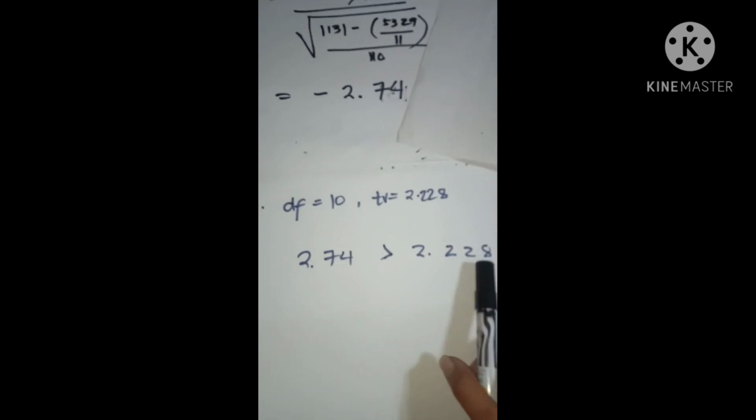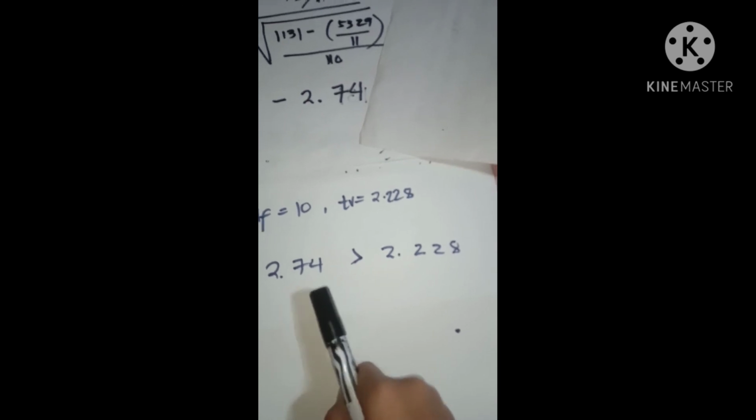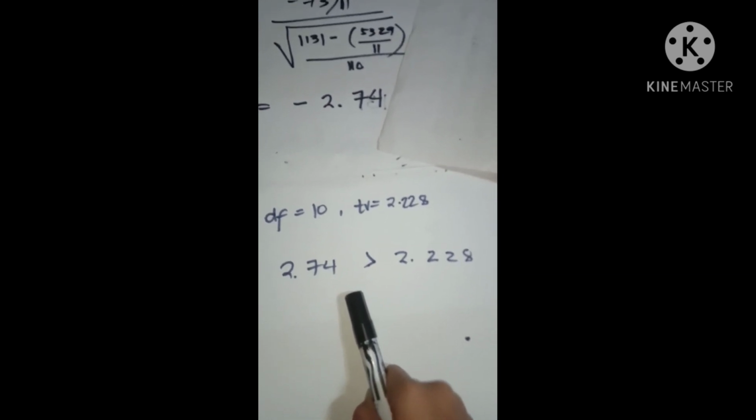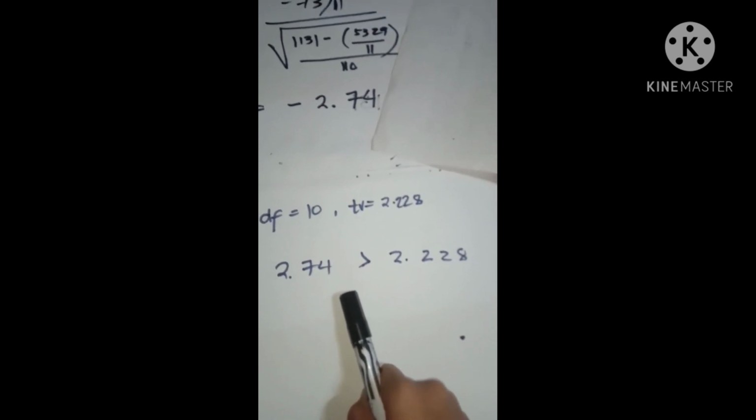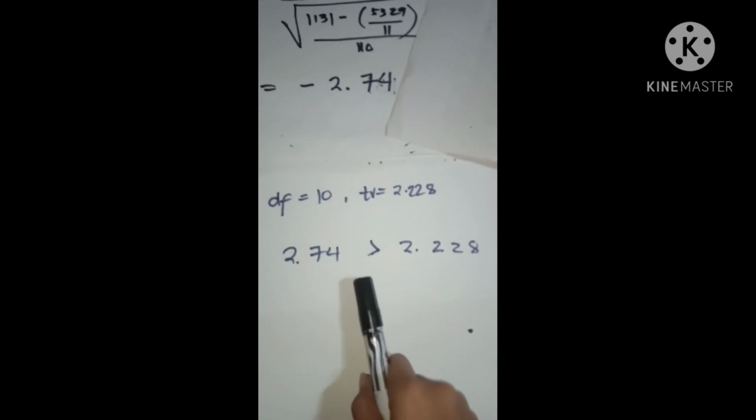If it is greater than the table value, then we have to reject the null hypothesis and accept the alternative hypothesis.